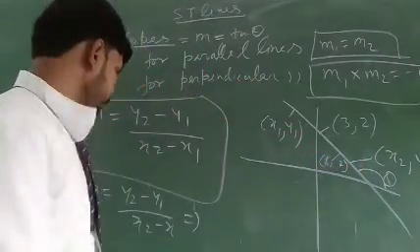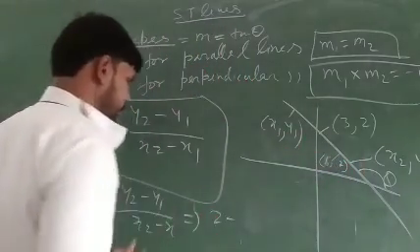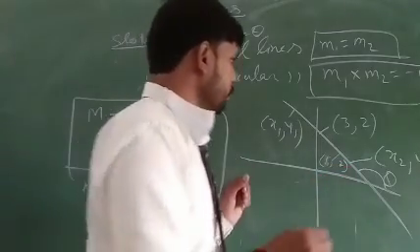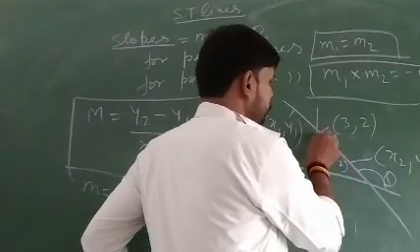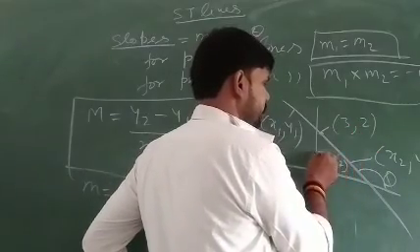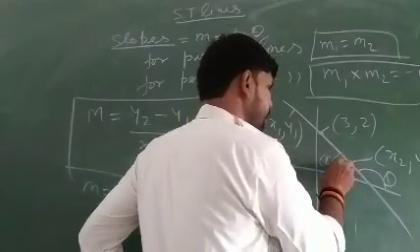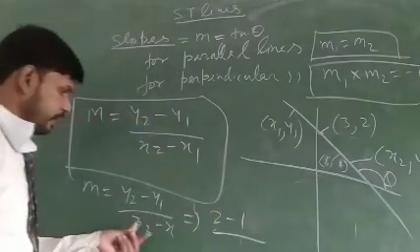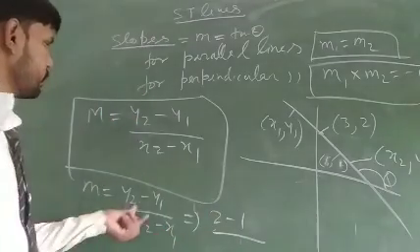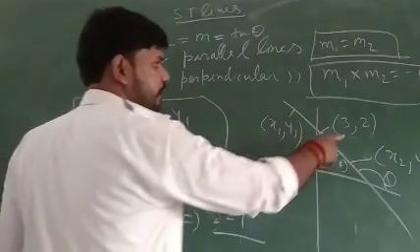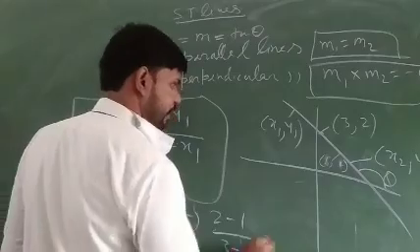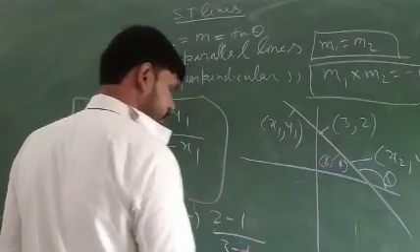So y2 is 2 minus y1. You have to know that if you are taking a point 2 over here, then here it cannot be 2, so we change it, taking 1. So 2 minus 1 upon x2 minus x1, where x2 is 3 and x1 is 1.